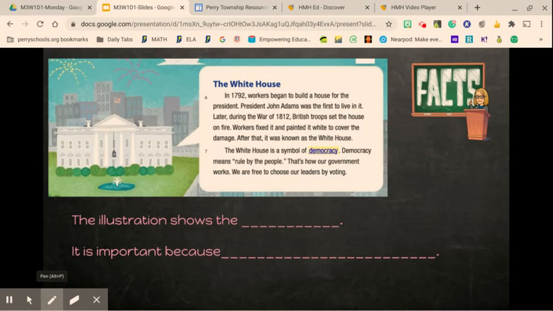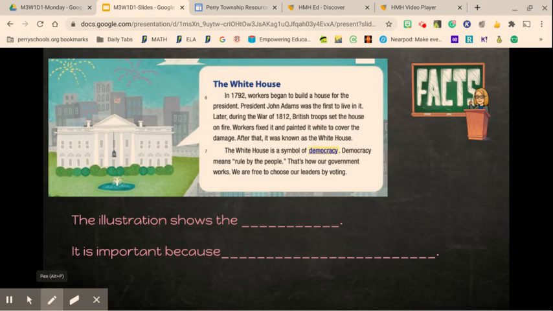President John Adams was the first to live in it. Late during the War of 1812, British troops set the house on fire. Workers fixed it and painted it white to cover the damage. After that, it was known as the White House. The White House is a symbol of democracy. Democracy means rule by the people. It's how our government works. We are free to choose our leaders by voting.